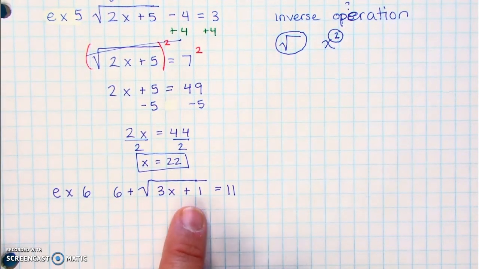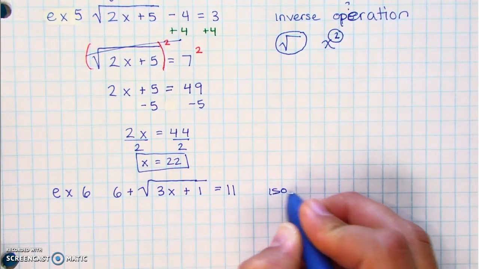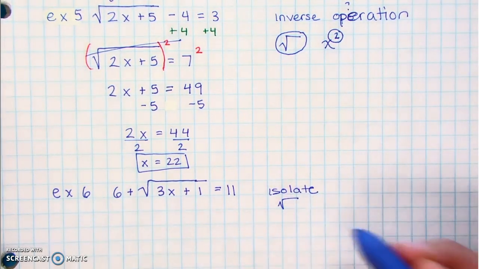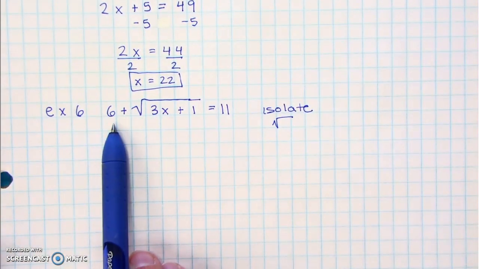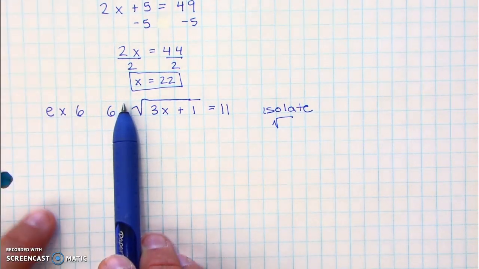Same idea, but what do we have to do first? We have to isolate the square root before we can use the inverse operation. Right now the square root has a 6 in front, but it's 6 plus. If it were 6 times, we would divide by 6.